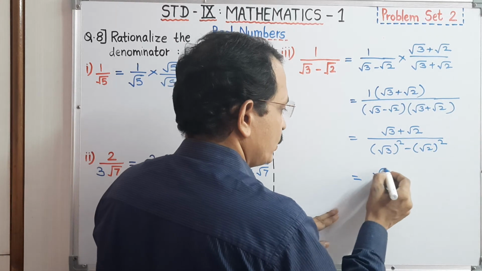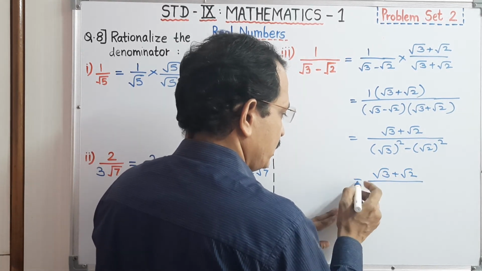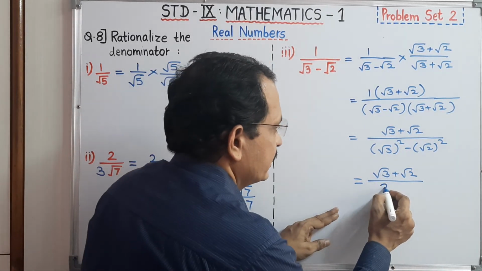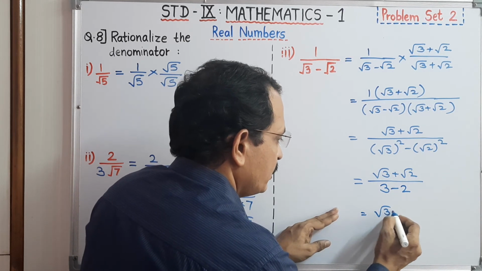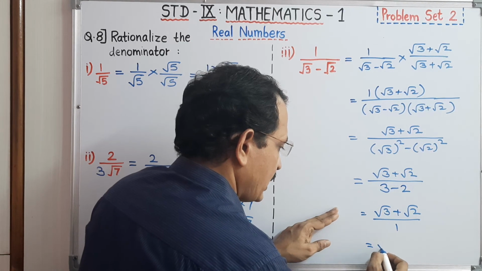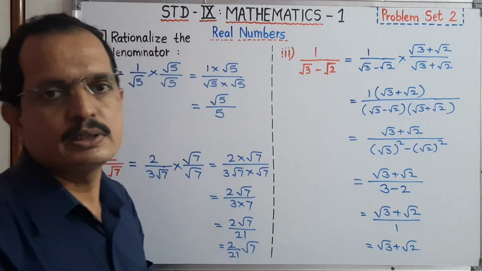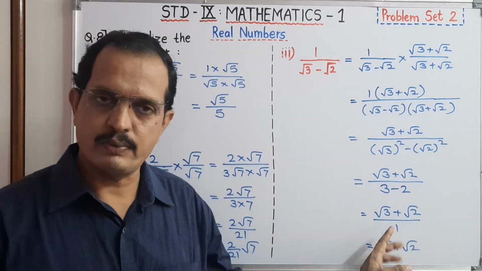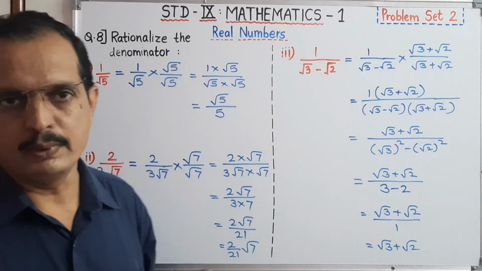Now dear student, root 3 plus root 2 upon, here we can write what? It is 3 minus 2. Therefore root 3 plus root 2 upon 1. Therefore we directly write root 3 plus root 2. This is the rationalization of the denominator. We get a rational number.